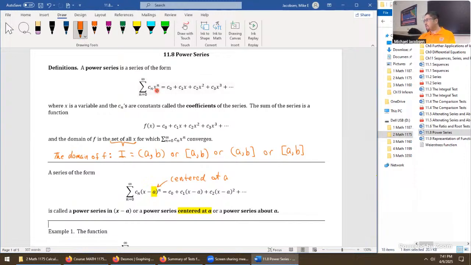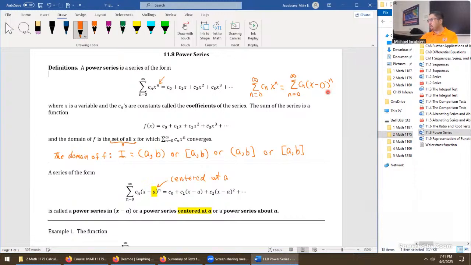Let's write it in by saying it this way. The sum from 0 to infinity of Cn x to the power of n is equivalent to a sum from 0 to infinity, coefficient Cn times x minus 0 to the power of n. And that seems like a silly thing to do, but now it exhibits what the center is.